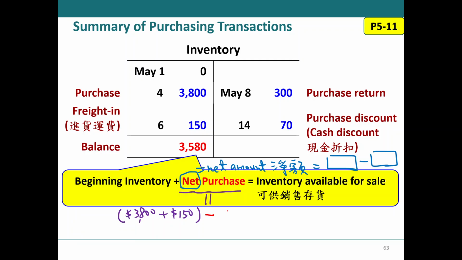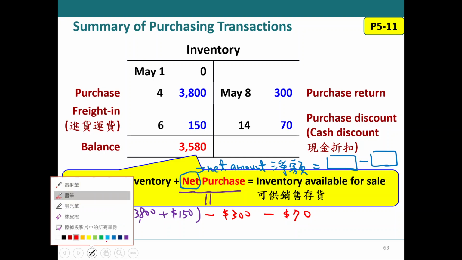Minus something, $300. Minus something, $70. Okay? So what does it mean?